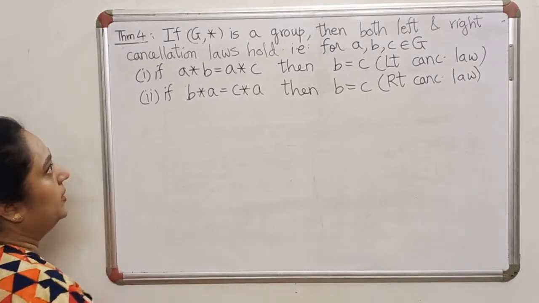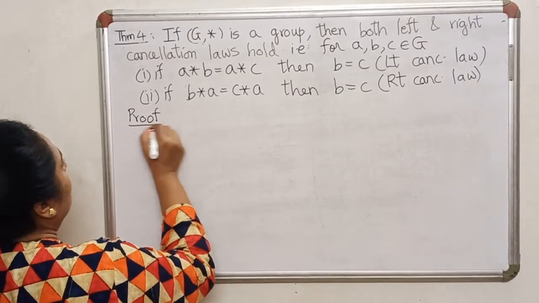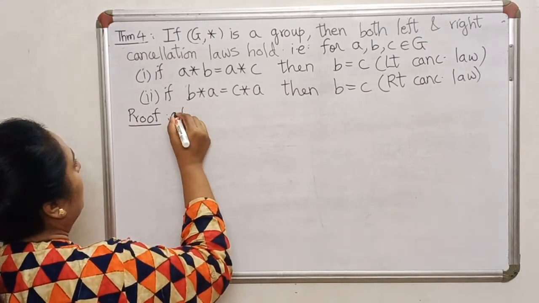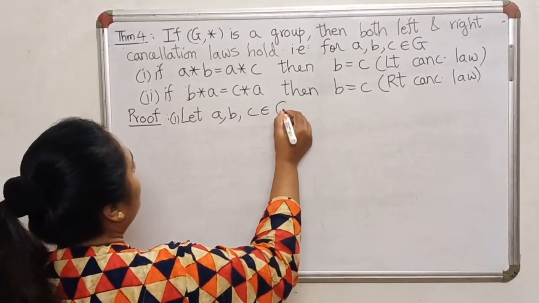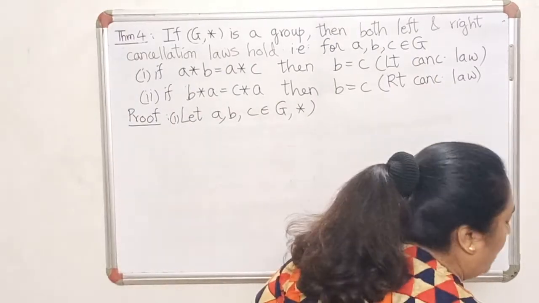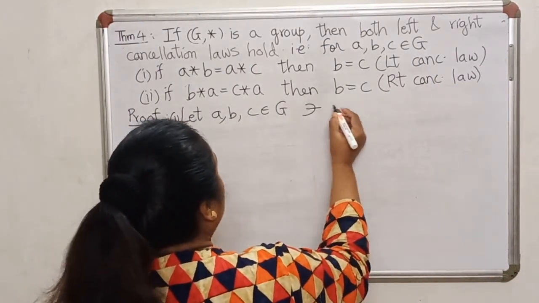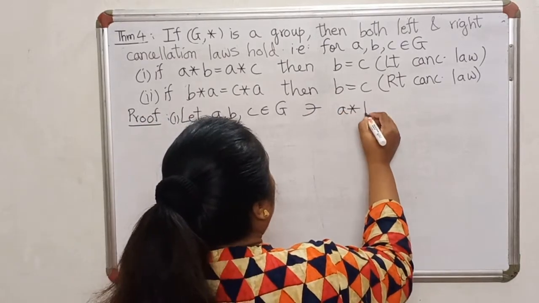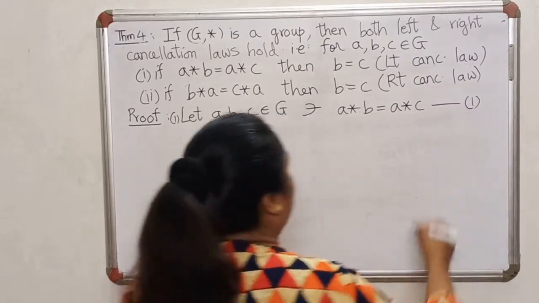So let's begin with the left cancellation law. Let us take three elements in a group G with respect to the operation star. So let A, B, C belong to G. And let us assume that for these elements, A star B is equal to A star C. Call this equation 1.